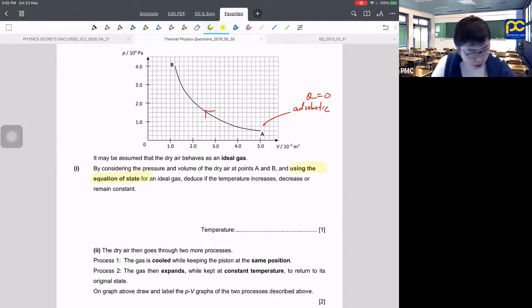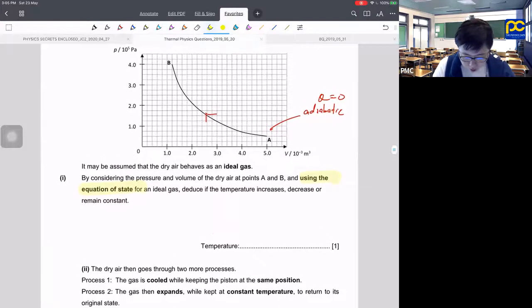How do we know whether the temperature goes up or down when you move from A to B?